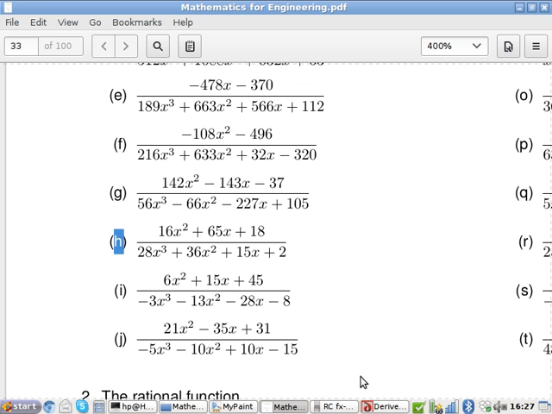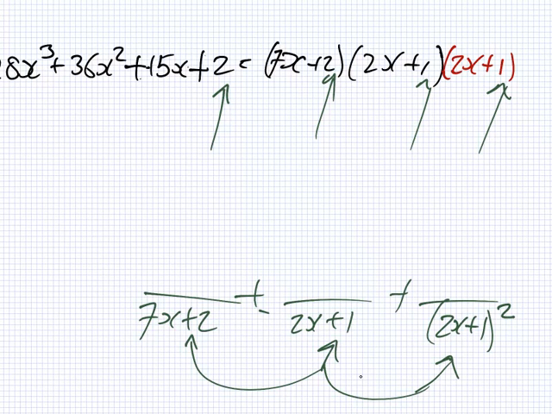Is it the same as the last one? Yeah, and in the last one we had the linear and the linear squared. Omar, what were your three denominators? Guys, you were supposed to do this.